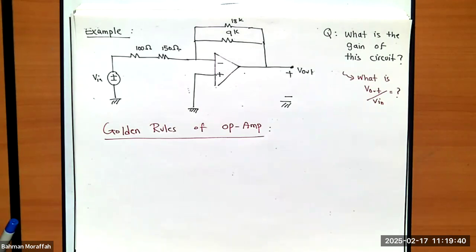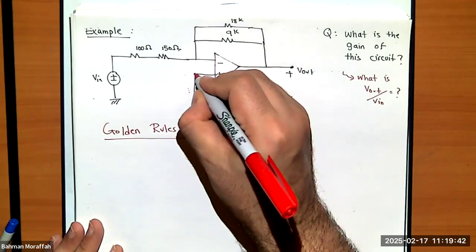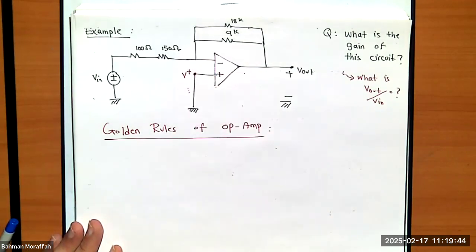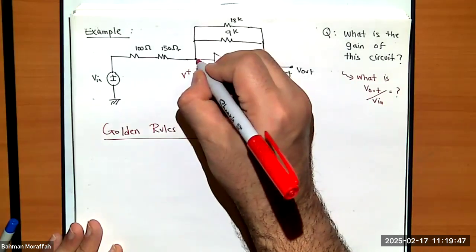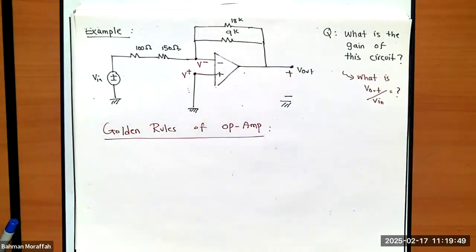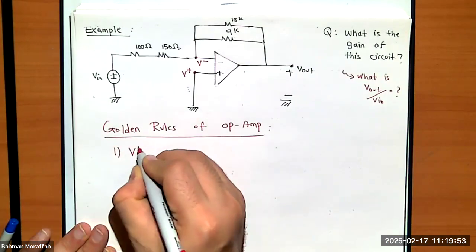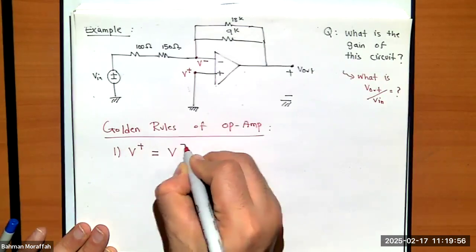What it tells us is that if I look at this node over here, call it V plus, and look at this node over here, call it V negative, we know V plus must be the same as V negative.